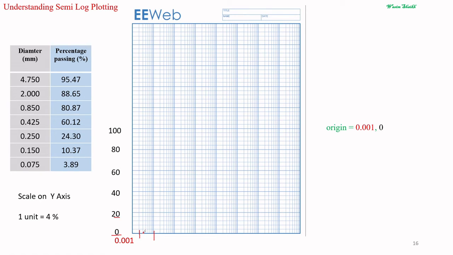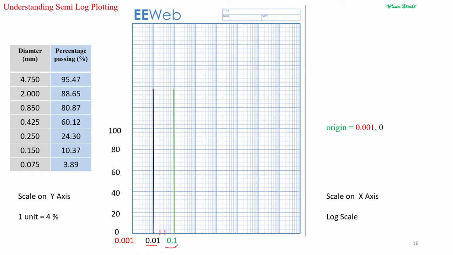The next value will be 0.003, then 0.004, 5, 6, 7, 8, 9, and then 0.01. This is called the first cycle. The second cycle will be 0.01, 0.02, 0.03, 4, 5, 6, 7, 8, 9, and then 0.1.